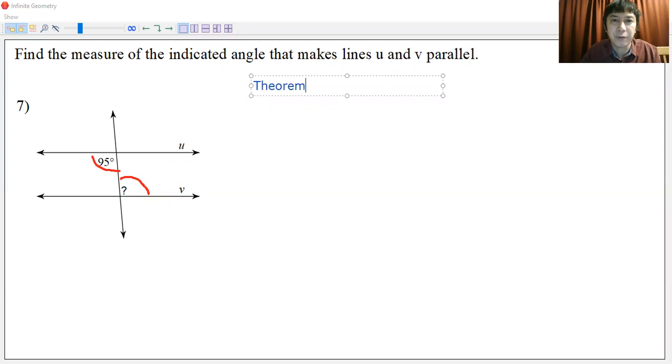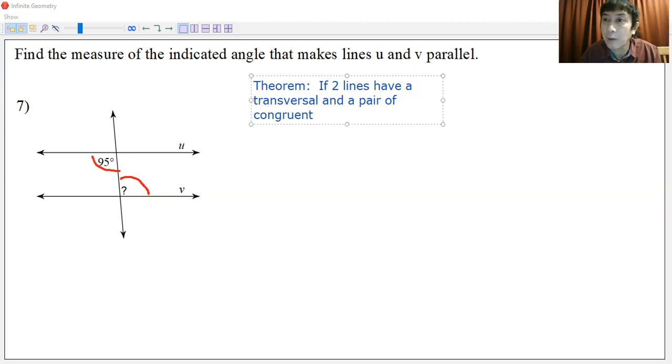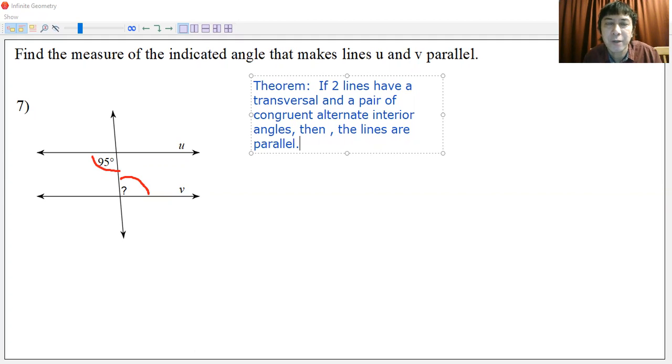The theorem will be: if two lines have a transversal and a pair of congruent alternate interior angles, then the lines are parallel.